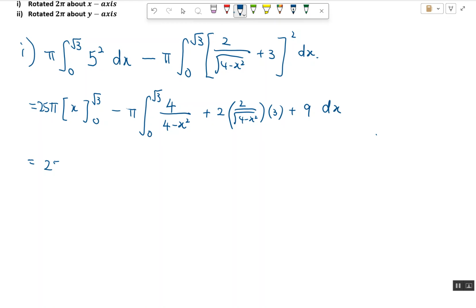Okay, so this will be 25 pi. There will be a root 3 minus 0 inside, so I'll just keep it as root 3. Now this is the part that you can split.